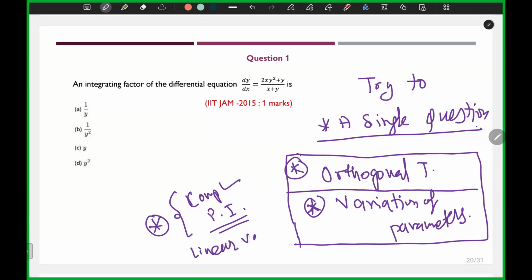Do we have questions on reduction to normal form in the JAM exam? Is it included in the syllabus? I think I have to see. There are no questions on reduction to normal form, I have not seen any. I haven't seen it in the syllabus as well.